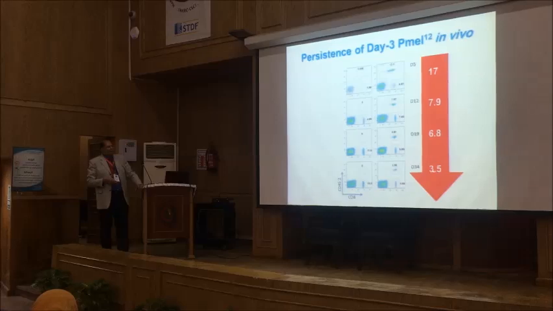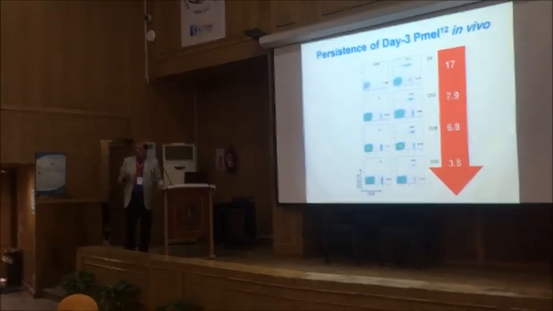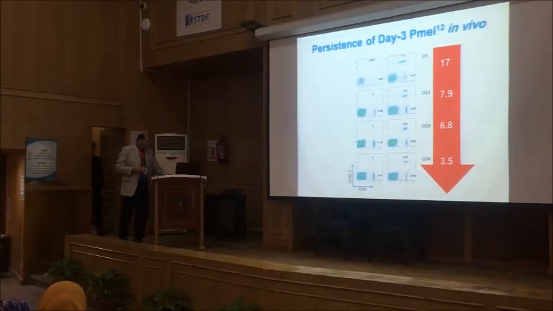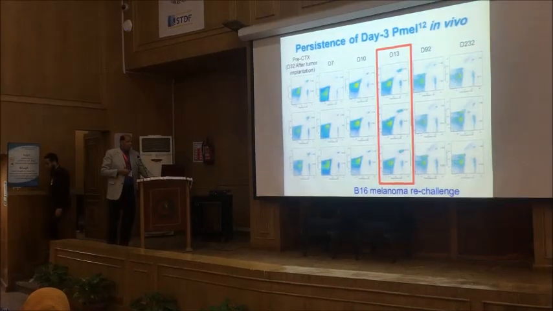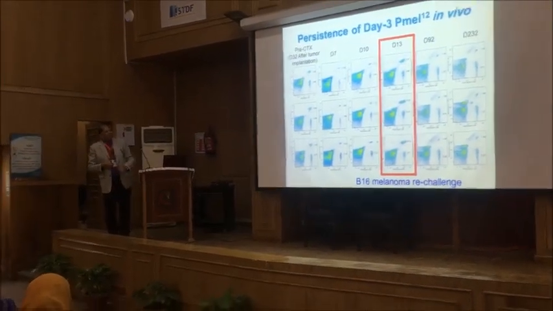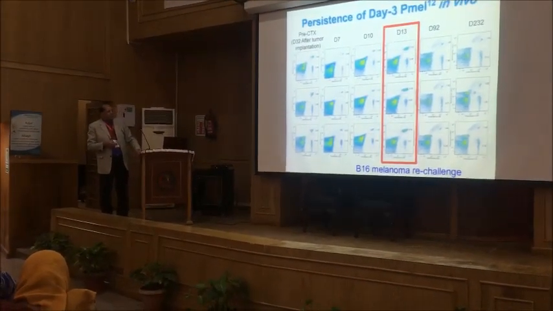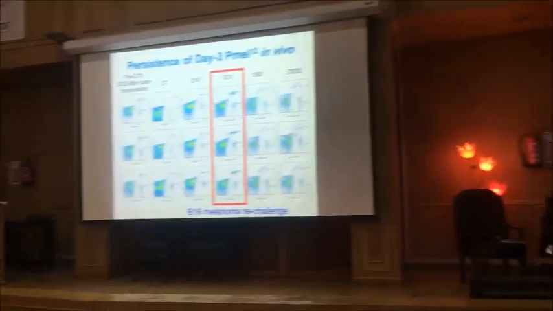By the way, 3.5 is a significant number of cells after a month or so. Then we also looked at the kinetics of these cells on day 7, 10, 13, 90, and more days.